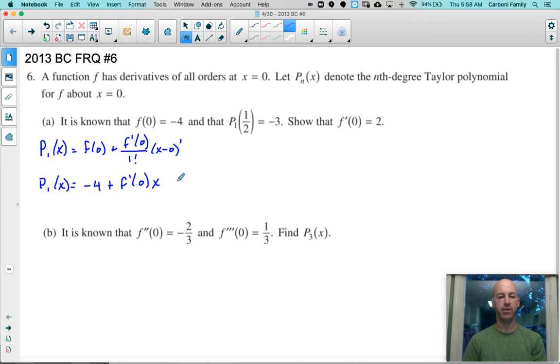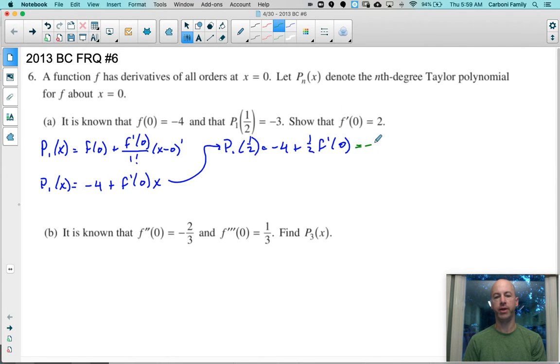And then they tell you that if I plug 1/2 into this, I would have -4 plus 1/2 f prime of 0. They tell you that that answer should be -3. And so we're going to solve for f prime of 0, and we should get 2.